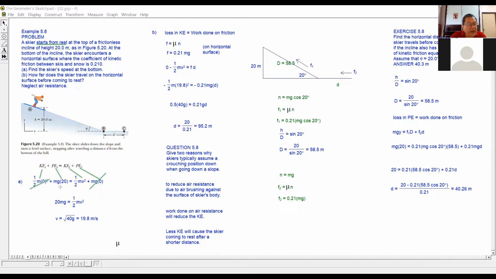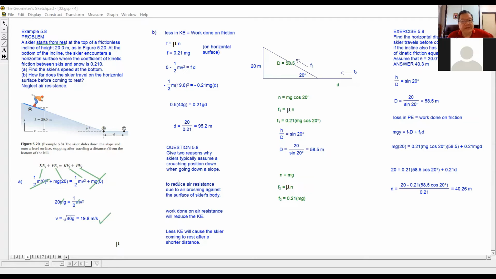So we are left with 20mg equals half mv squared. The m can cancel away, so we have half v squared equals 20g. The 2 moves over to the other side, v squared is 40g, and v is the square root of 40g, which is 19.8 meters per second. So we use the conservation of energy.